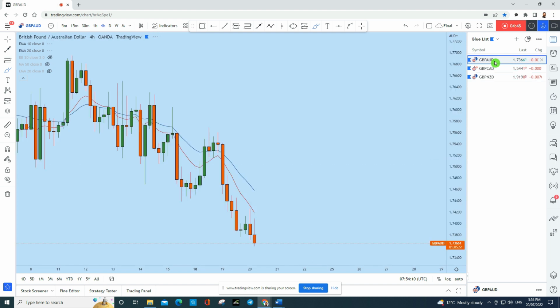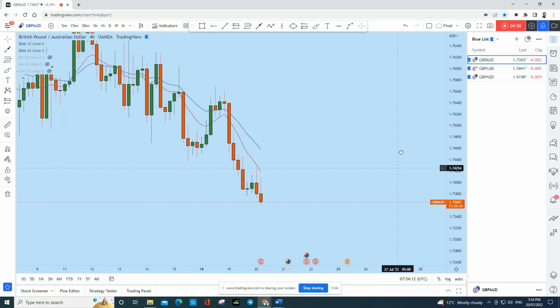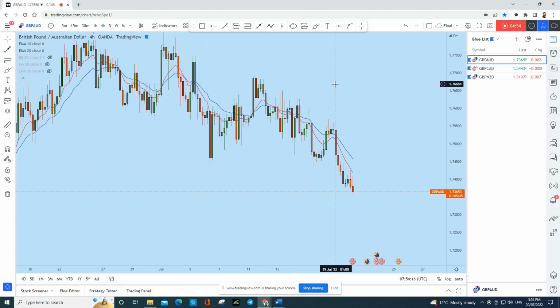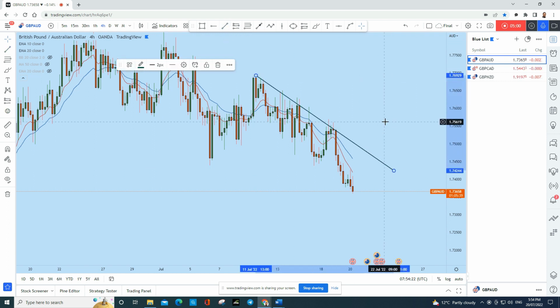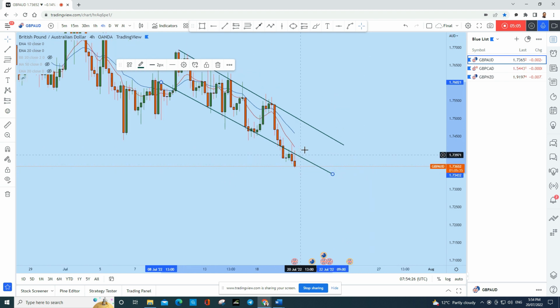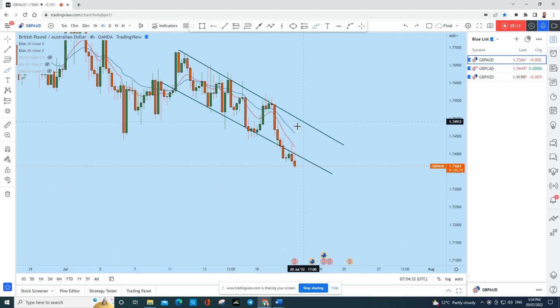Now looking at GBPAUD, you can see the same kind of price action, a little bit more strongly bearish than GBPCAD and GBPNZD. On GBPAUD, you can see that this 4-hour channel has been broken, and from there we have seen that the previous 4-hour as well as this current 4-hour candle tested the bottom of this channel, support here, tested as resistance, and we see that the price is rejecting to the downside.